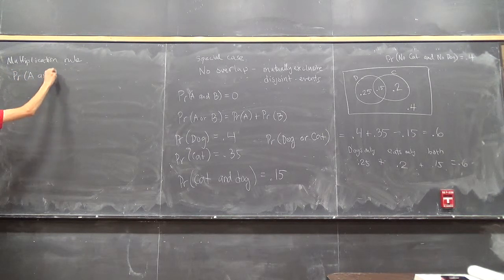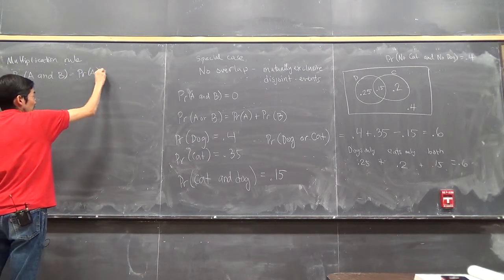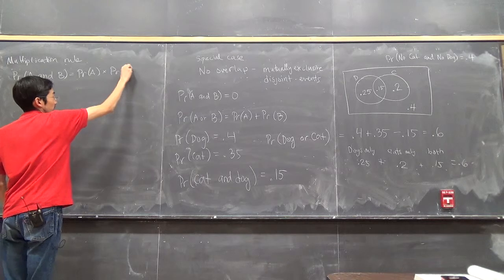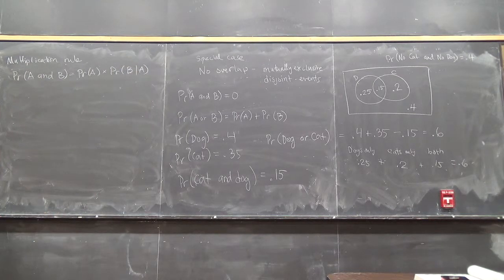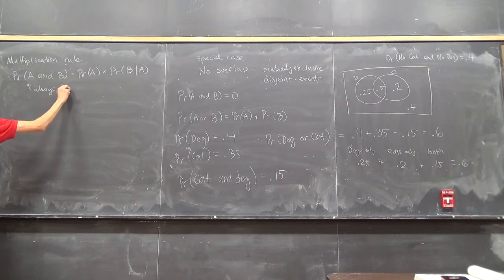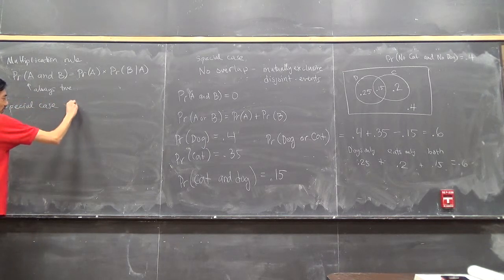So we said the probability of A and B is equal to the probability of A times the probability of B given A. And this is always true. We have a special case, and that is for independent events.